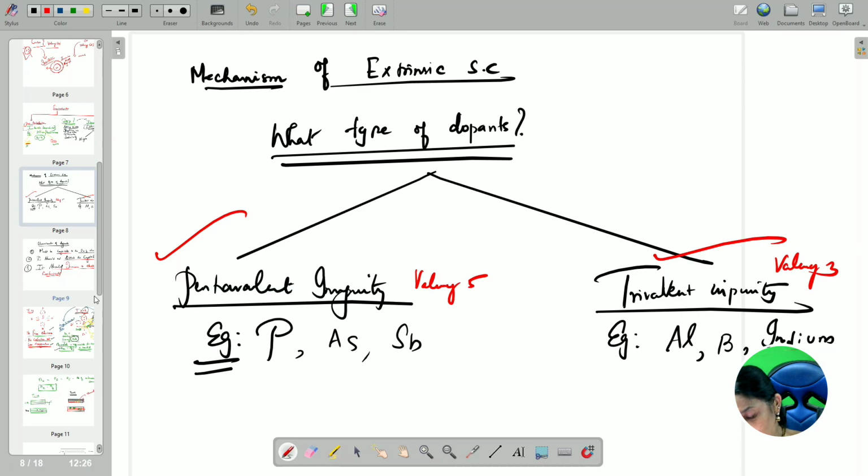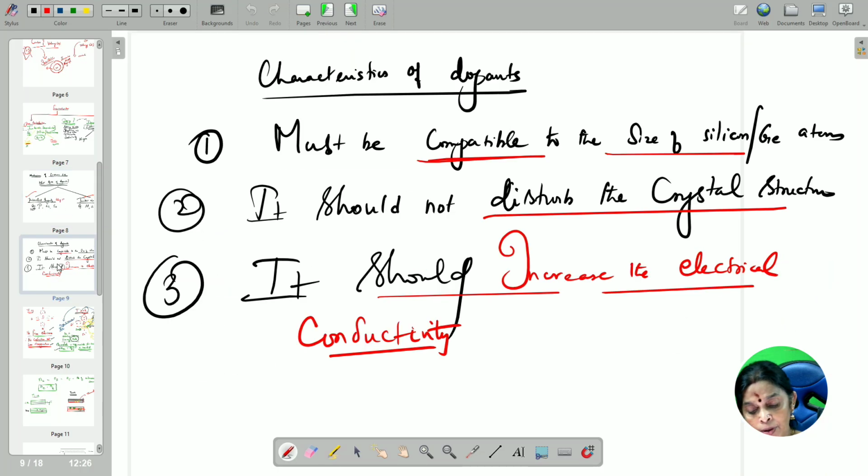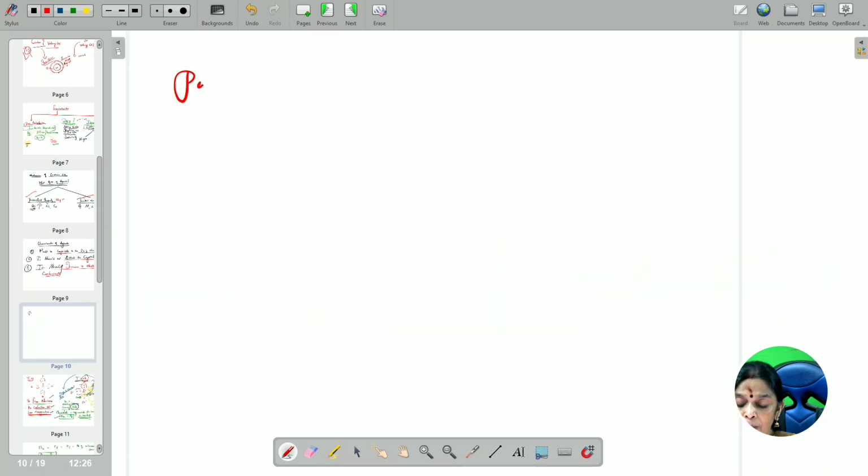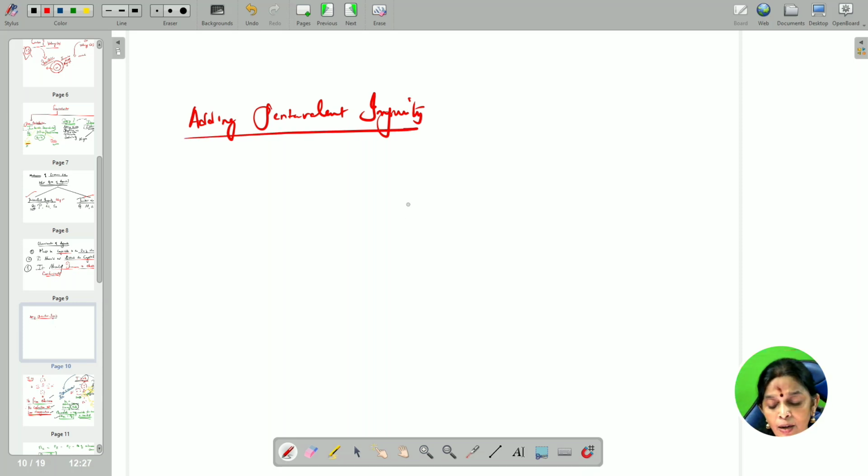So now let us take pentavalent impurity, adding pentavalent impurity. What is happening when you add pentavalent impurity? Very simple, children. Silicon valency is 4. I am taking phosphorus as an example. You can even take any other pentavalent impurity.